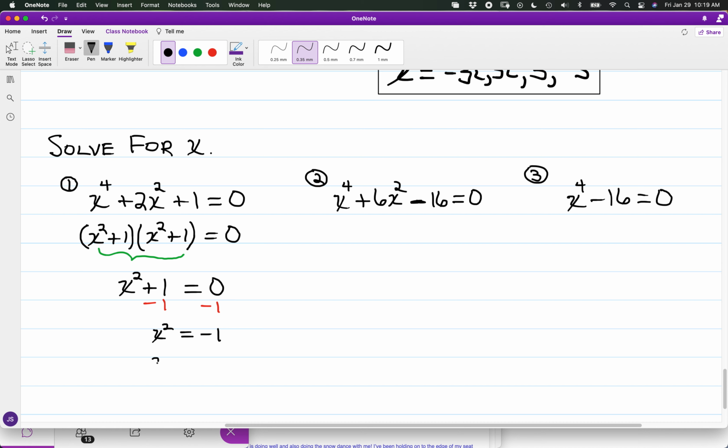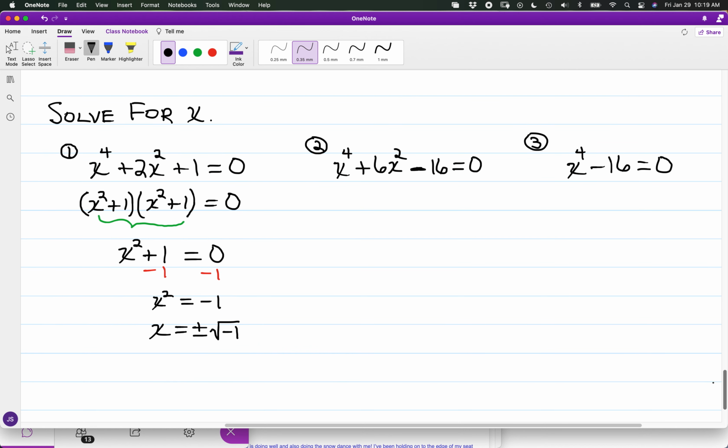And if I go from second to first order, once again utilizing the square root property of equality, I have x equal to plus or minus the square root of -1. And so you have x equal to plus or minus i, and itemized, you have i as well as -i.